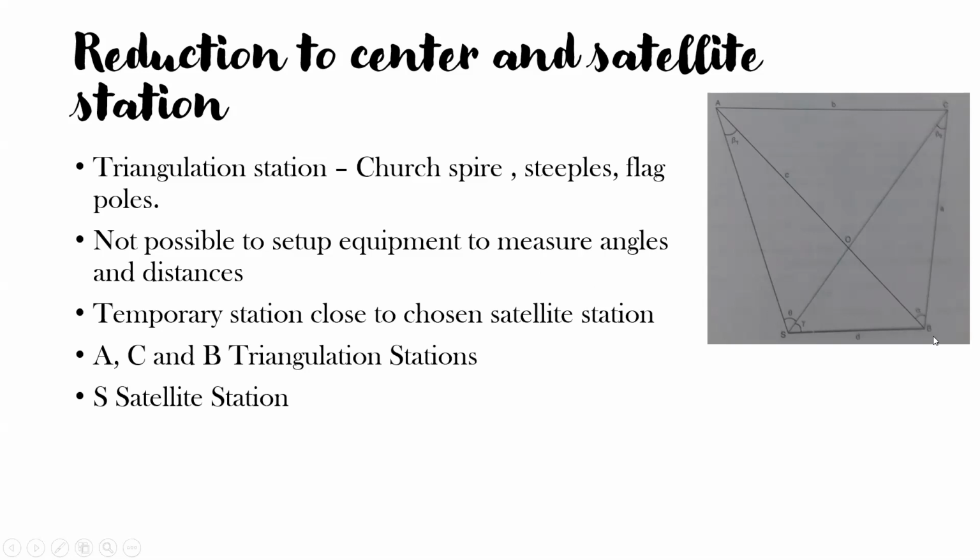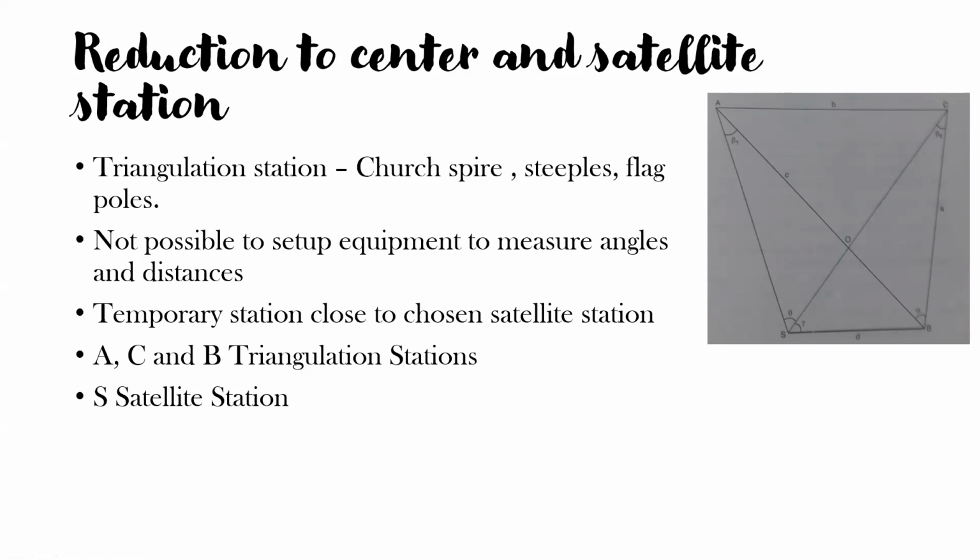In this case, I choose a station S very close to station B and make all the measurements to point S and find out what would be the value of alpha if the equipment was kept at point B.